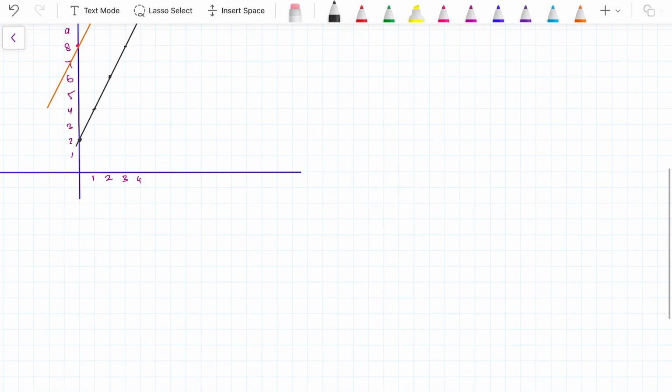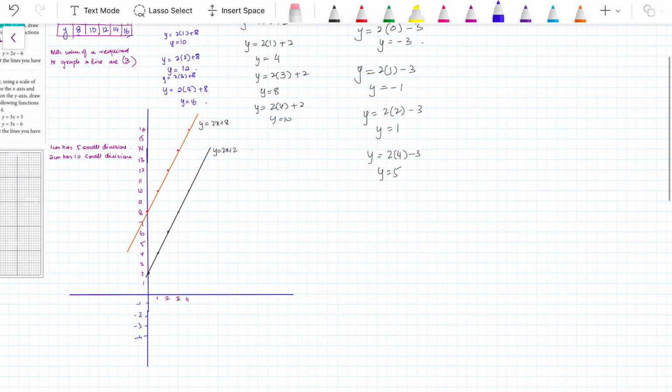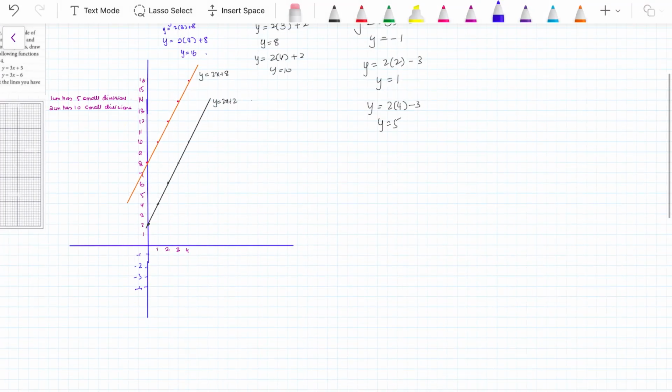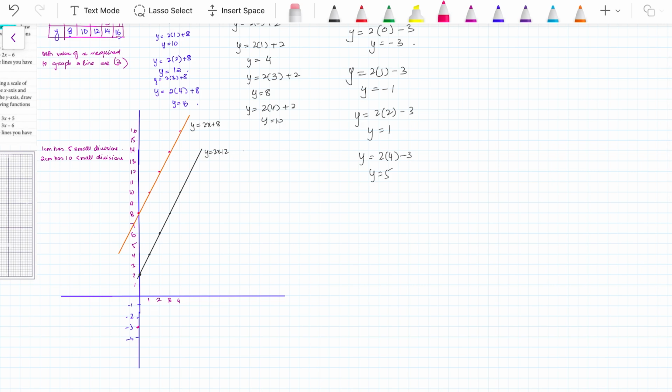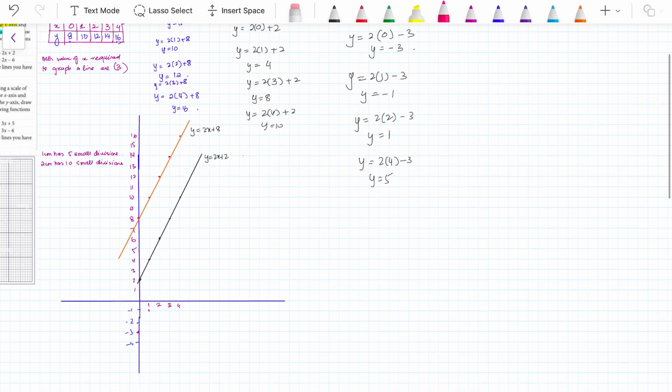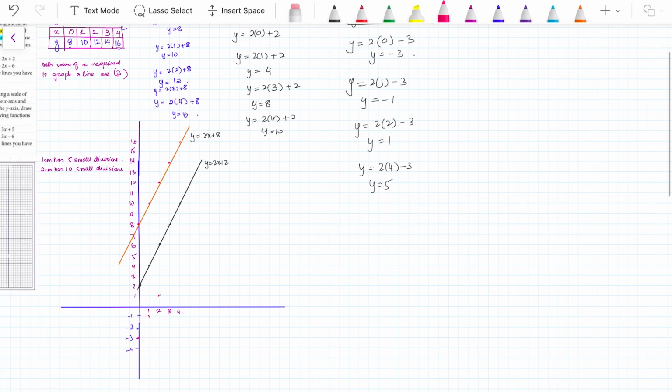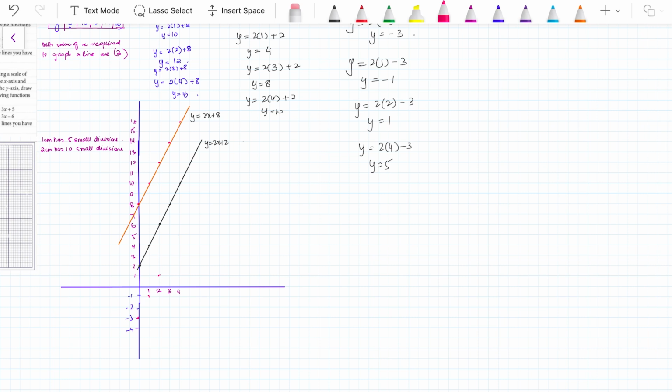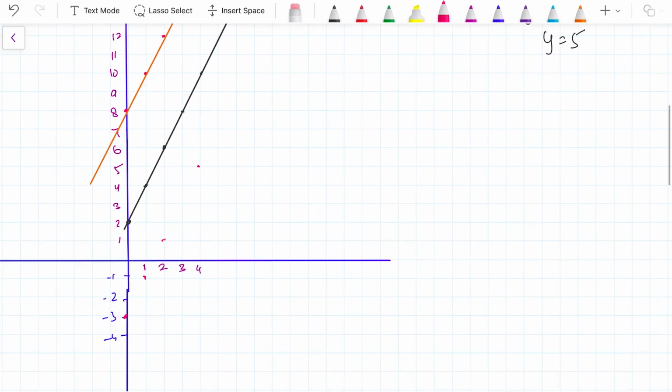First, draw the negative axis: minus 1, minus 2, minus 3, minus 4. So we have at 0 minus 3. Then at 1 it's minus 1. Then at 2 it's 1. And then at 4 it's 5. This is y equals 2x minus 3.